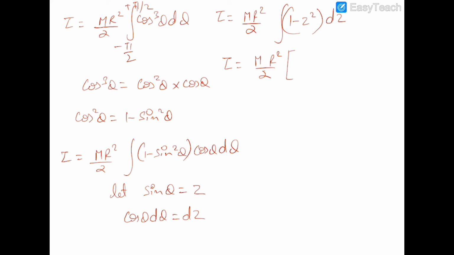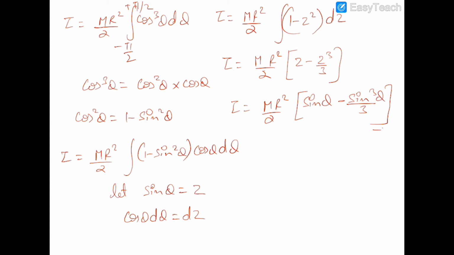So this is z minus z cube by 3. So I will be equal to m r square by 2, and since z is equal to sine theta, this is sine theta minus sine cube theta by 3. Now the limit is minus pi by 2 to plus pi by 2.